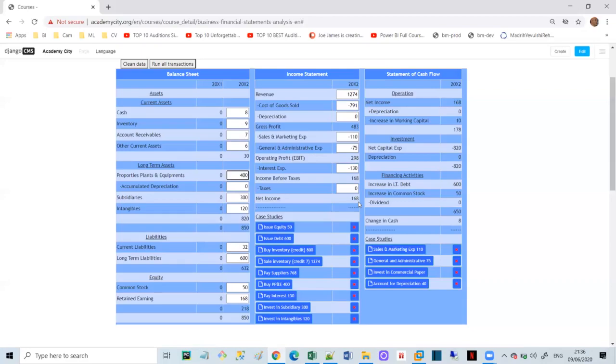So I'm accounting for the fact that part of my property, plant, and equipment is being used and their value went down, I account for it. So what will happen when I account and I say my depreciation was about 10% of the 400? What does it really mean?